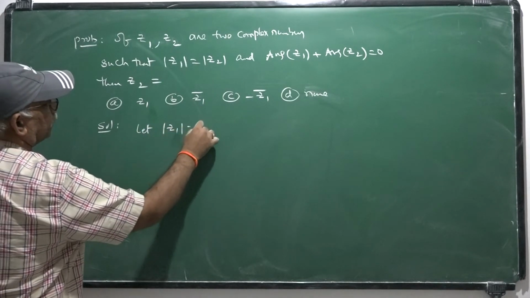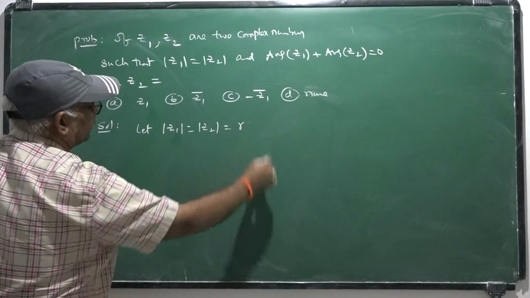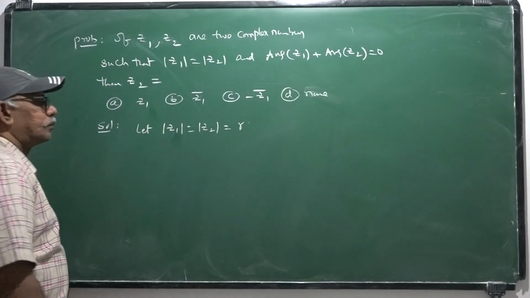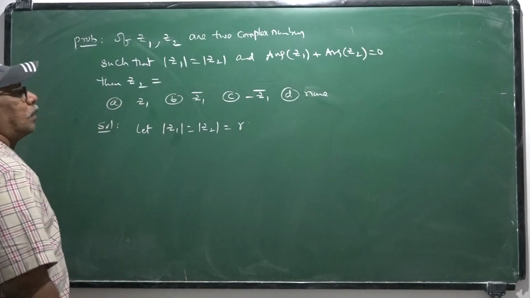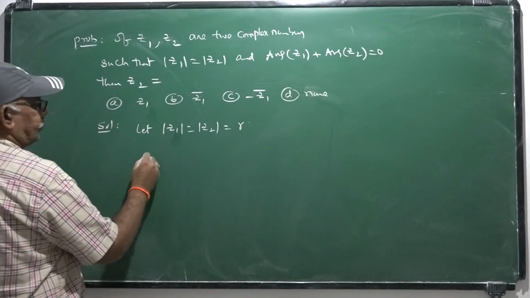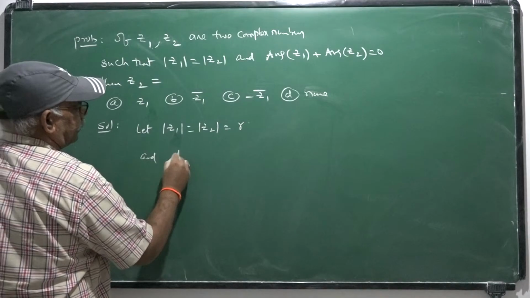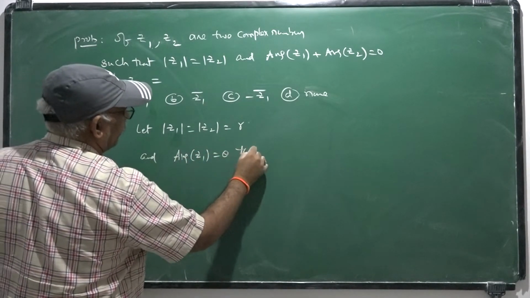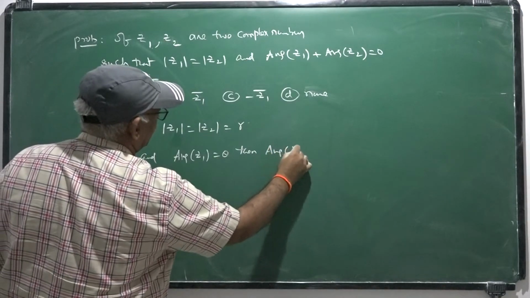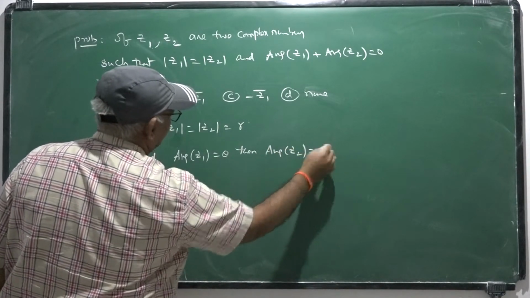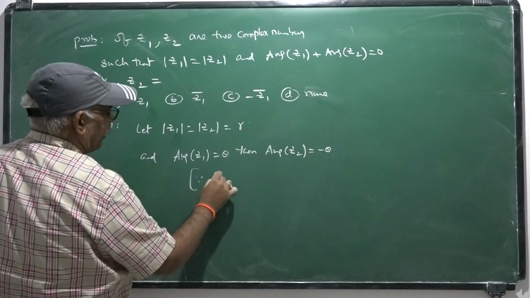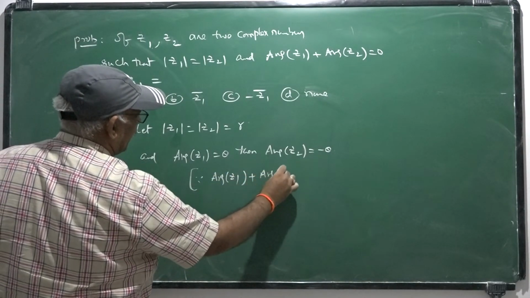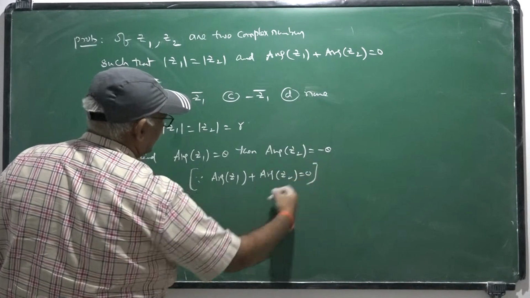Let mod z1 equal to mod z2 equal to r. And the argument of z1 is theta, then the argument of z2 is minus theta, since the argument of z1 plus the argument of z2 is given as 0.